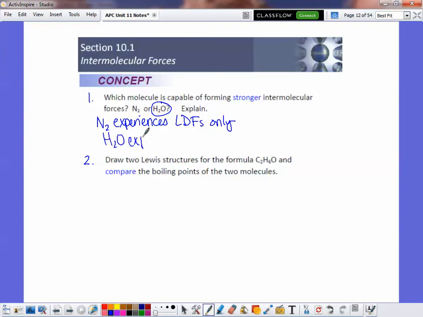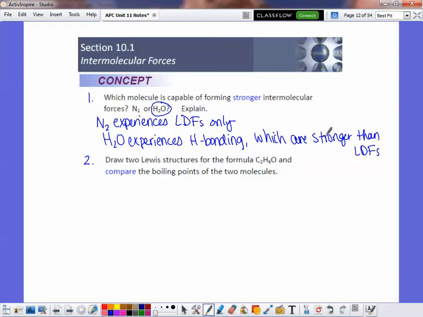H2O experiences hydrogen bonding, which are stronger than London dispersion forces.